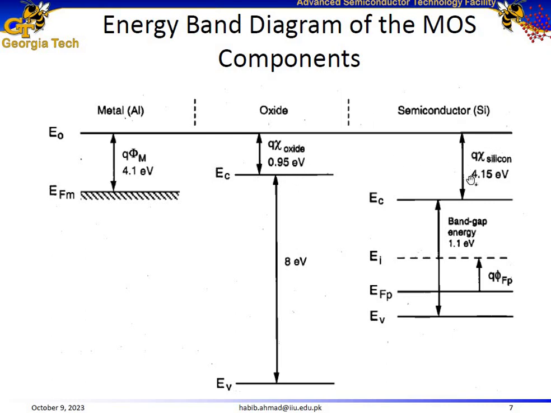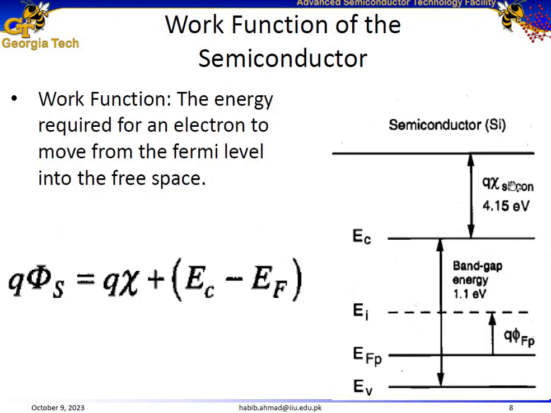For the silicon semiconductor, the energy band gap is 1.1 electron volts. Phi Fp, the Fermi potential, is the difference between the intrinsic and Fermi energy levels. Similarly, chi is the energy difference between the vacuum level and the conduction energy level. For silicon, the value of chi is 4.15 electron volts.